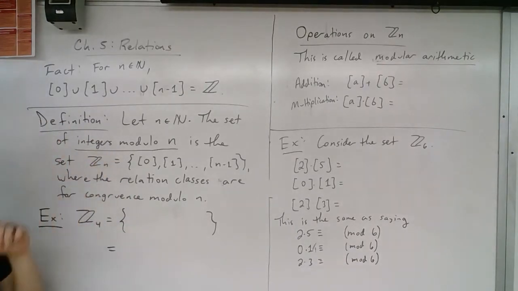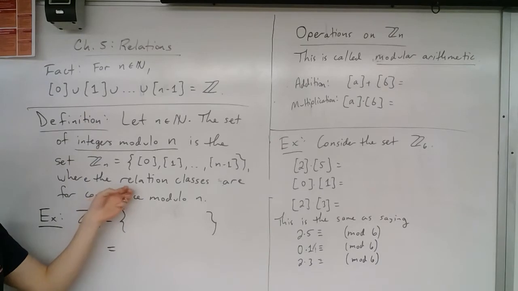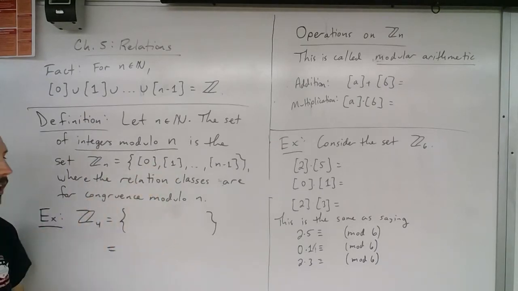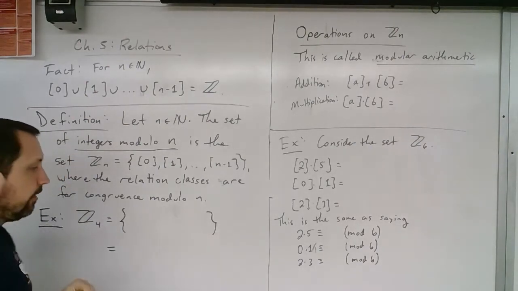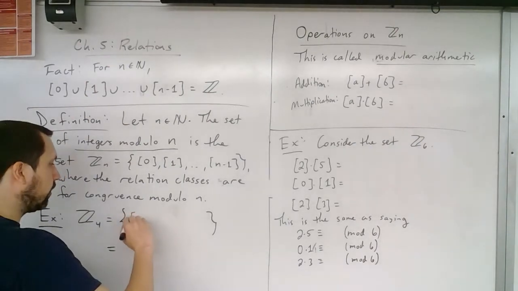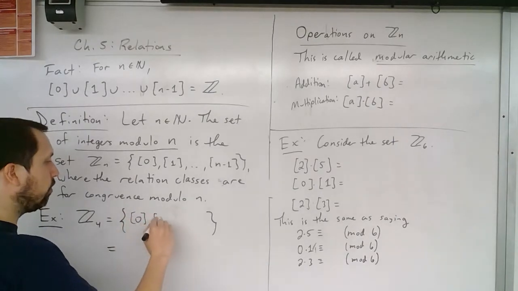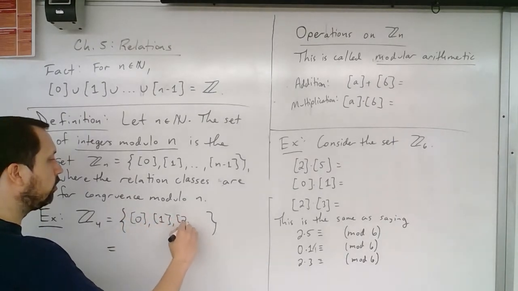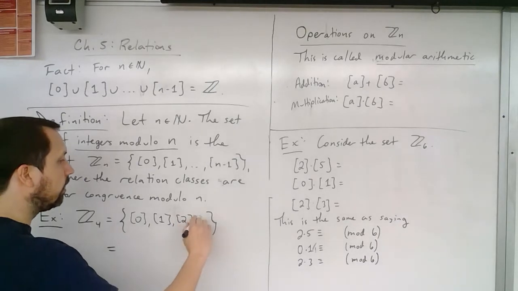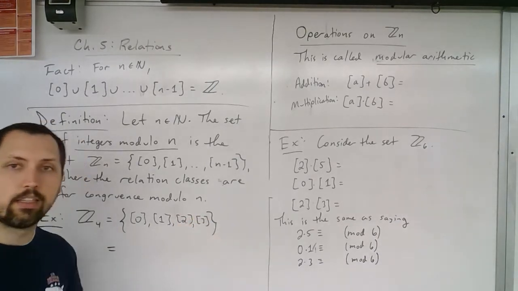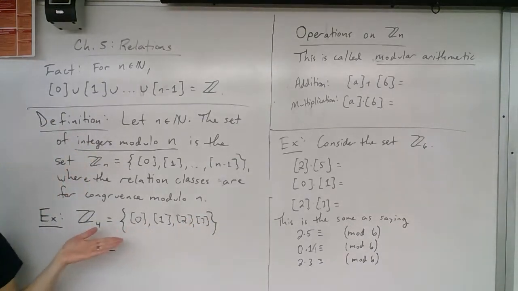So these are all of the relation classes, congruence modulo n. That's the relation we're defining on. So Z4, we're talking about Z4. This is going to be the relation classes containing 0, 1, 2, and 3. So that's it.